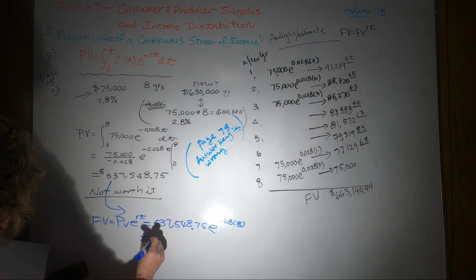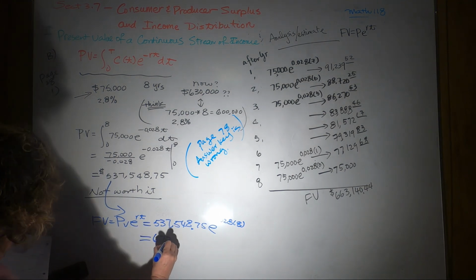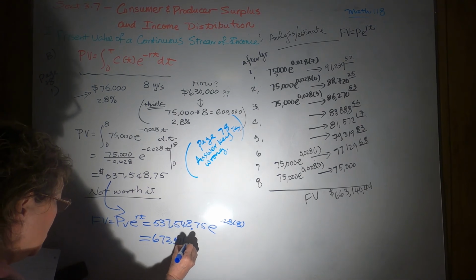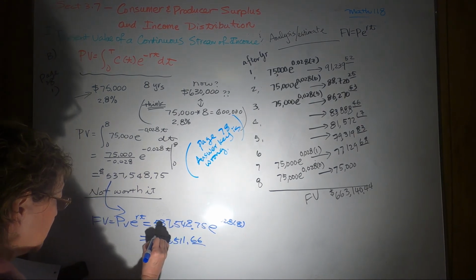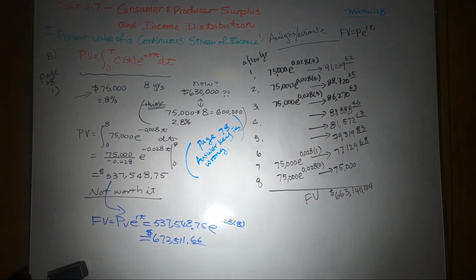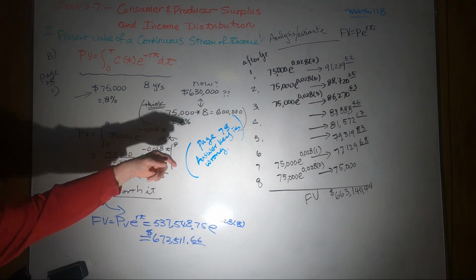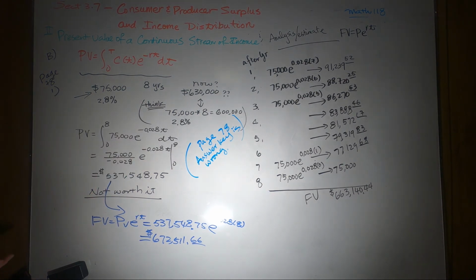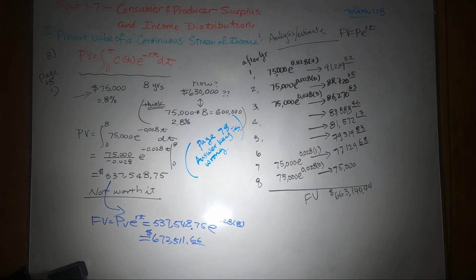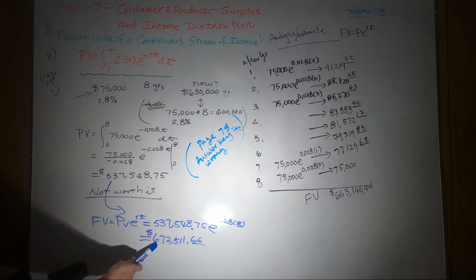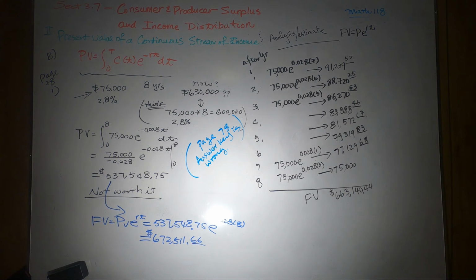So I should have 672,511.66. So if my present value is this, and I can gain 2.8% each year for the next 8 years, then its equivalent value would be $672,000.